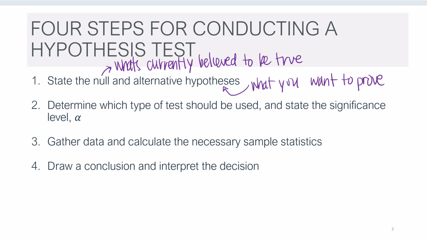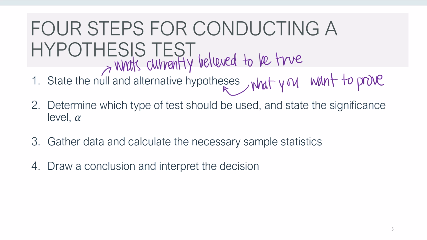One example is maybe you're doing research with the Jekyll Island Sea Turtle Center, and you keep seeing that the average diameter of the sea turtle shell is supposed to be a certain length, and maybe you keep seeing that these turtles are actually smaller than that average length.